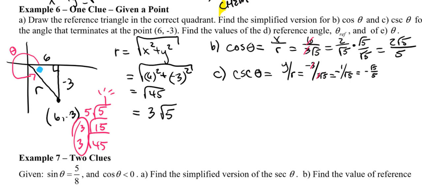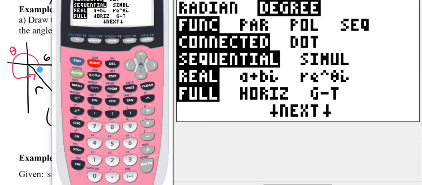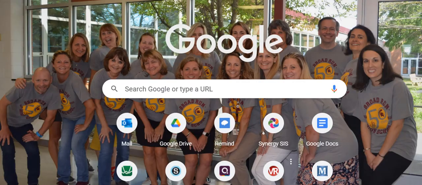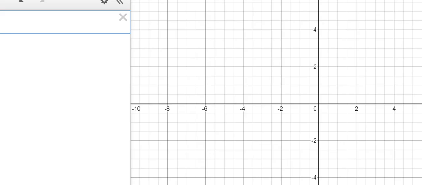So to do that, we're going to use either our calculator, and if you use a calculator, make sure that it is set in degree mode. Now, if most of you are going to probably use Desmos or some other graphing utility, same thing with Desmos.